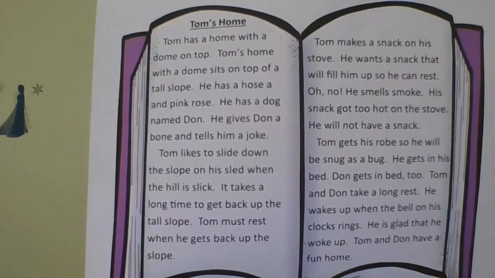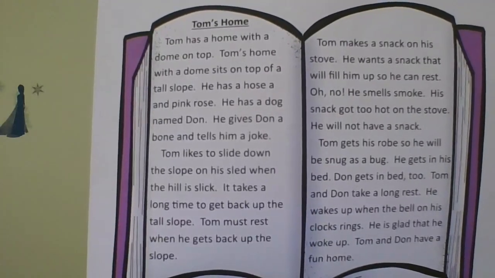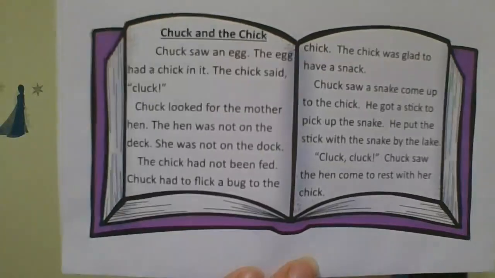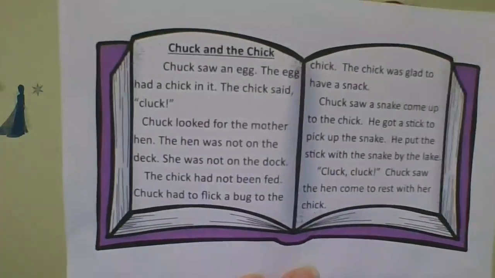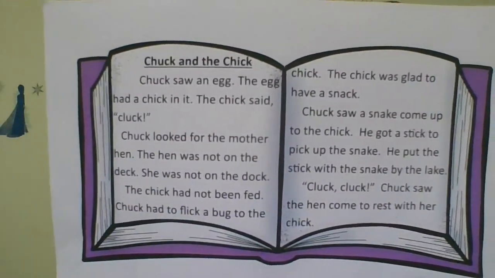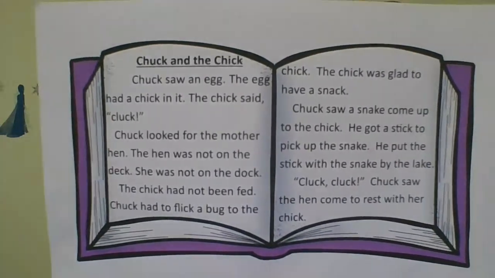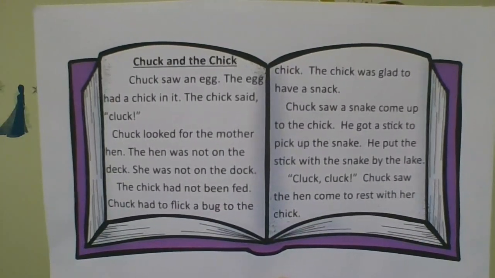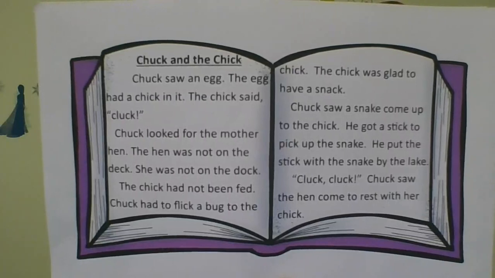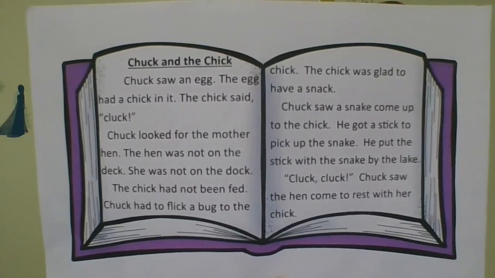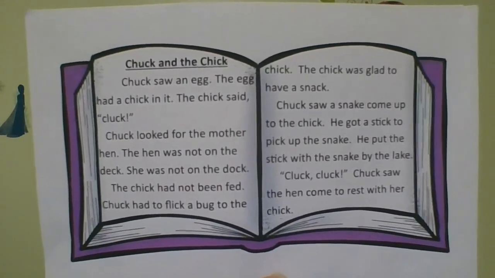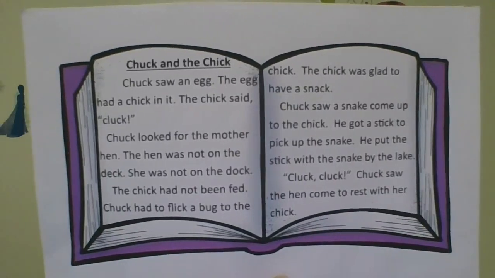What is his home like? So pause it, read that carefully, and then I am going to show you Chuck and the Chick. So pause it and read that one as best as you can. Think about who are the characters in this story. Could you tell me what was happening in this story?